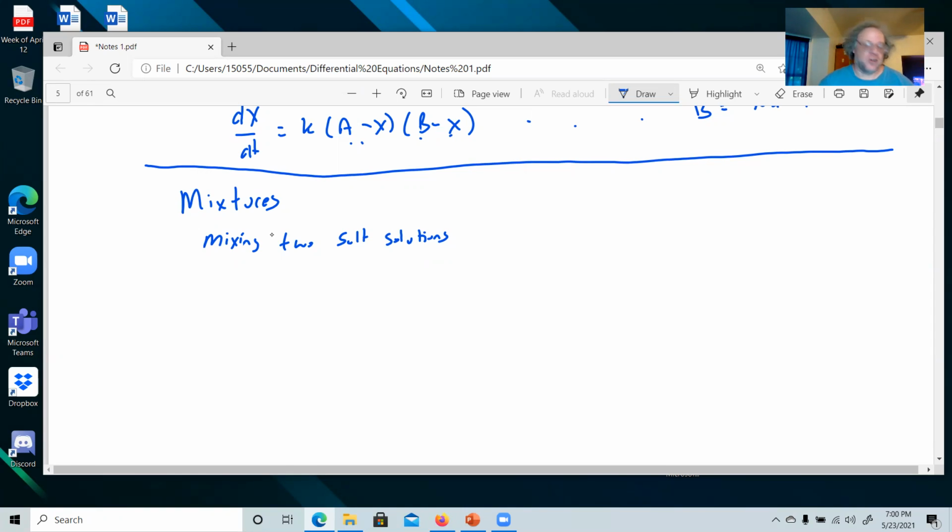So we're going to mix two salt solutions of different concentrations. A very typical problem, and salt just means we added something to the water. It doesn't have to mean NaCl. It could mean anything you put into the water that dissolves.